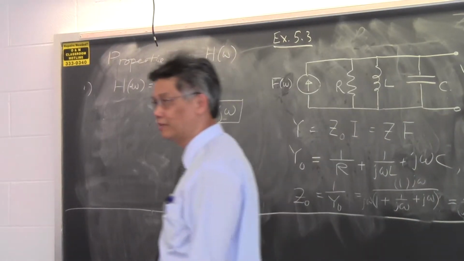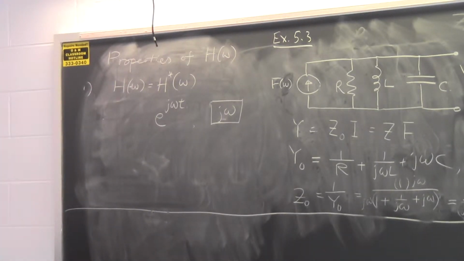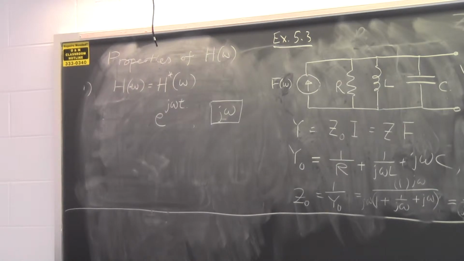So negating the frequency is the same as negating j. If you put a negative sign in front of omega, it's the same as putting a negative sign in front of the j. So if you have a very complicated function like this one, you can see that negating omega is the same as negating j, because they always come together as a pair.